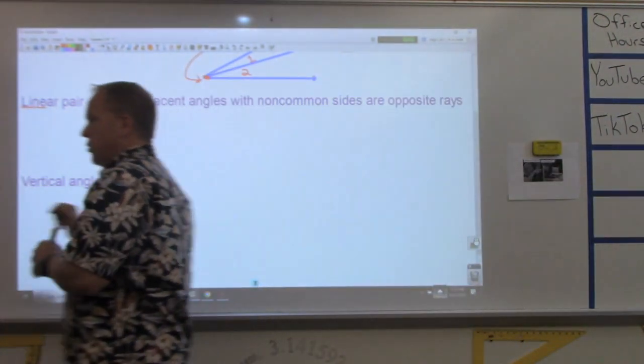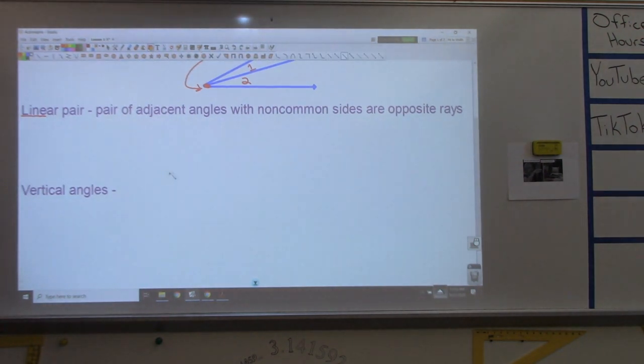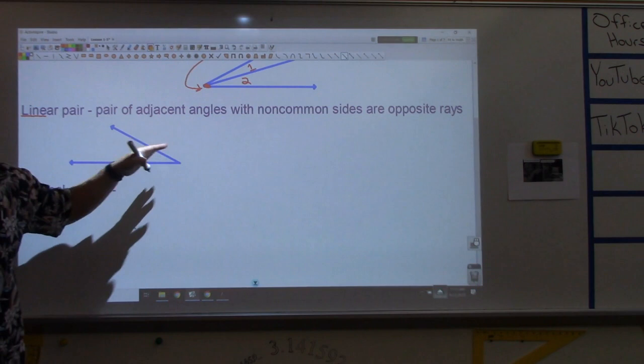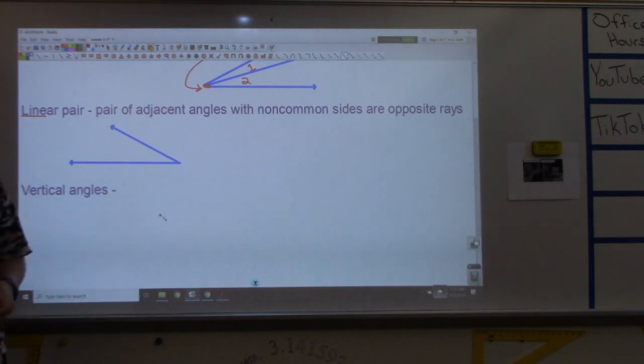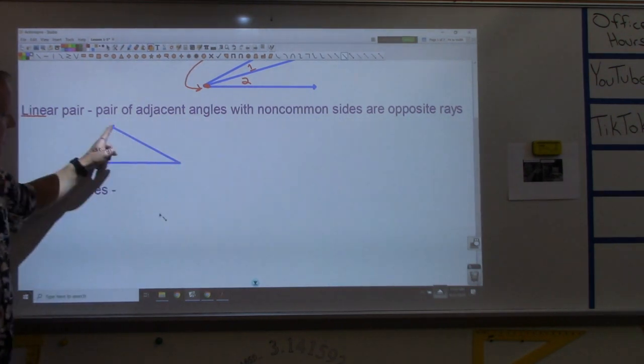So yes, let me draw another diagram for you. Watch this. So I have an angle right here. Right? I want to draw one adjacent to this, but the non-shared side is in the opposite direction. So notice I have this side here. This is going to be my shared side right here.